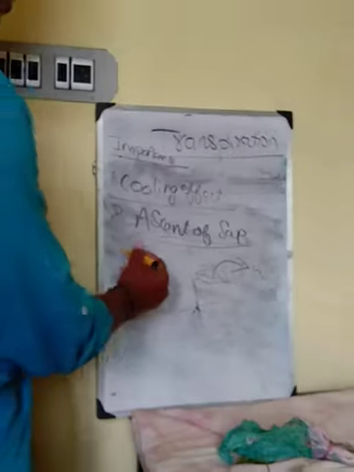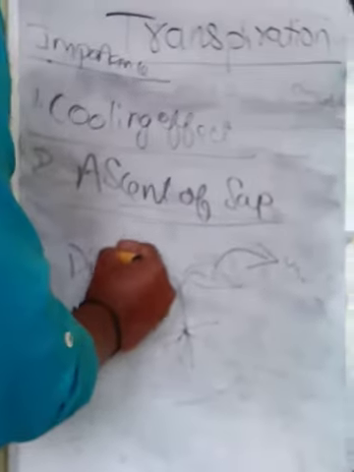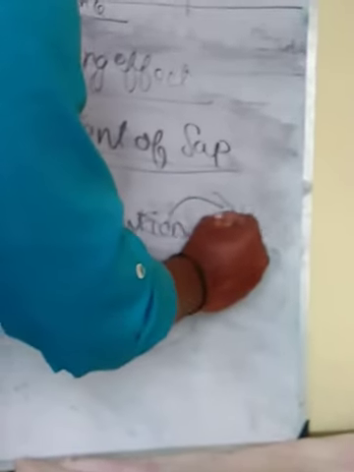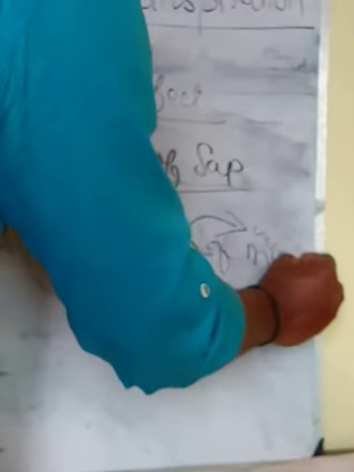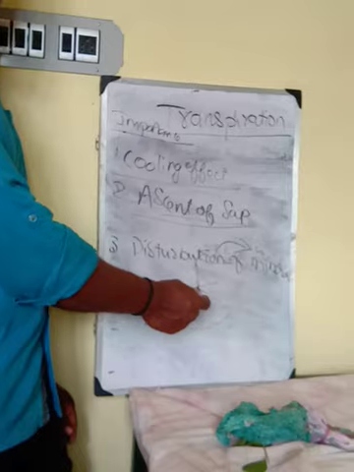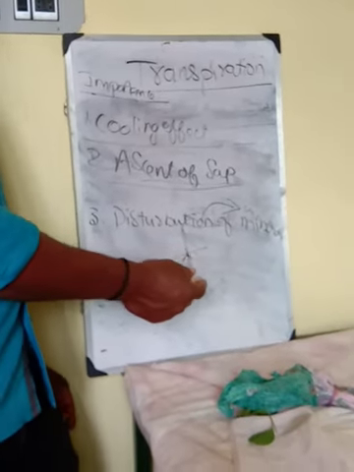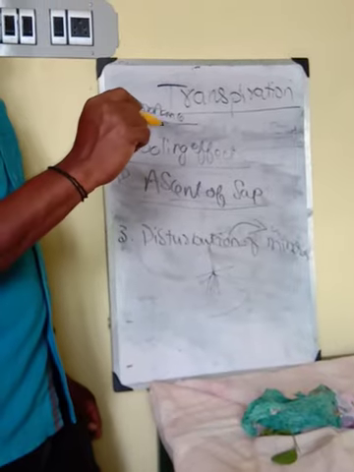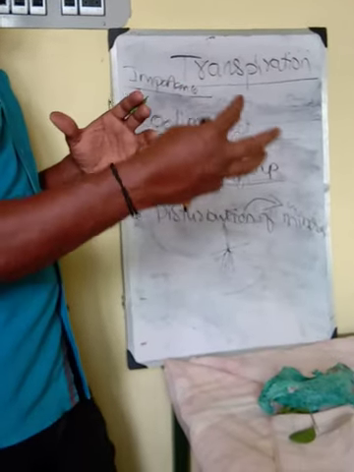Then the third one is distribution of minerals. You know that minerals are present in the soil. When the root is absorbing the water, the minerals are present in dissolved form. Dissolved form means it is mixed with the water.